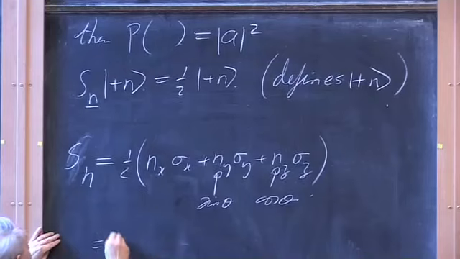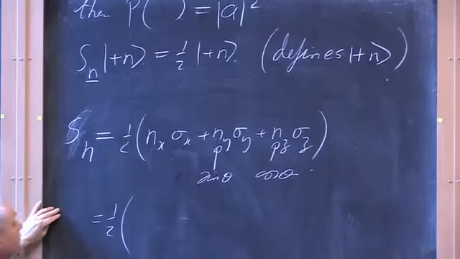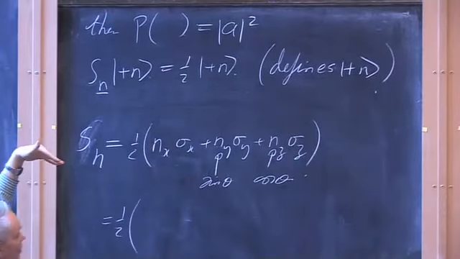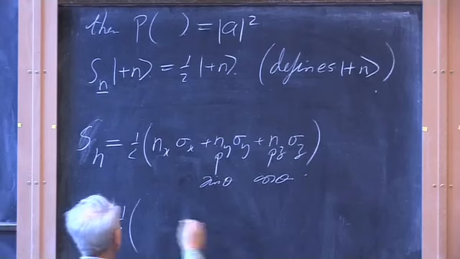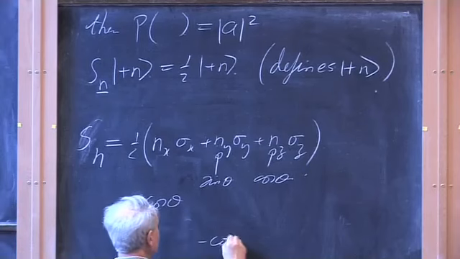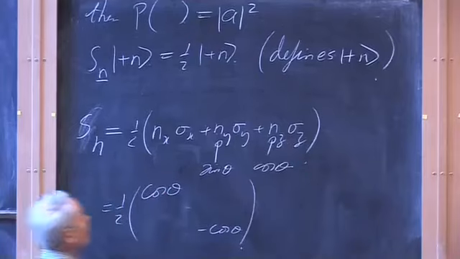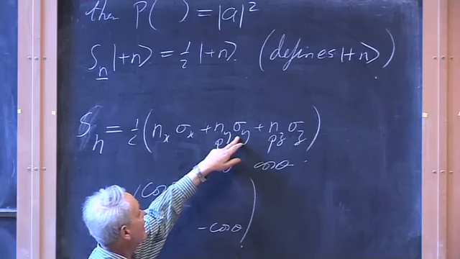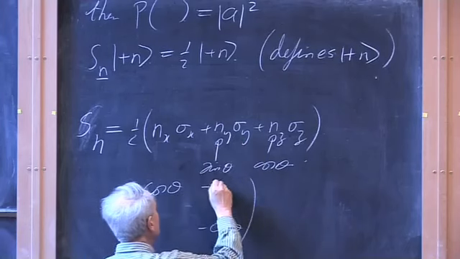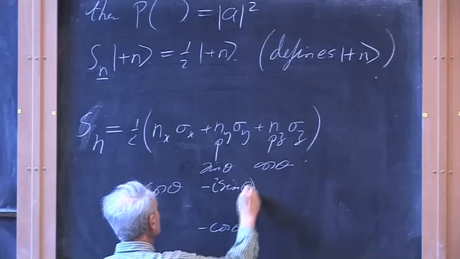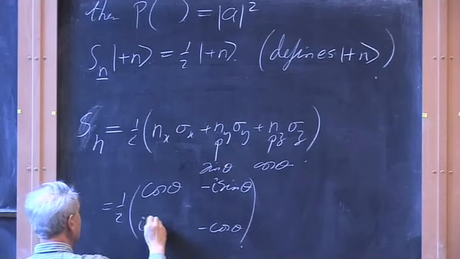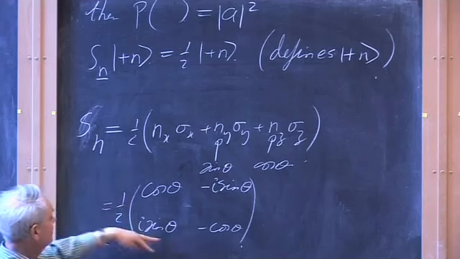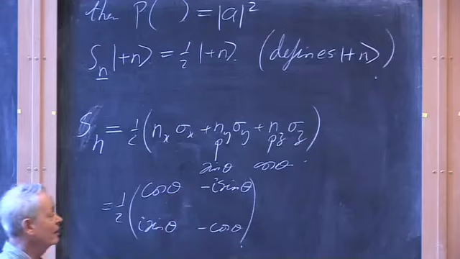So at the end of the day, it is a half of: now, sigma z has 1 in the top left-hand corner and minus 1 in the bottom, so I get a cos theta and a minus cos theta appearing on the diagonal because of sigma z. And sigma y has a minus i in the top right-hand corner, so we get a minus i sine theta appearing there, and its complex conjugate has to appear down here.